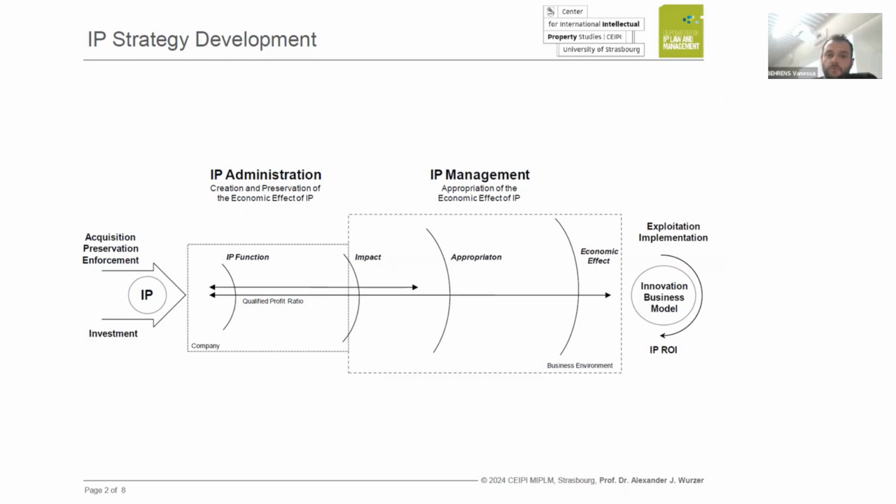And to have this appropriation, we need the IP impact that we will see in the next slide. And this IP impact is based, of course, on the IP function, all the rights we need to acquire to have this IP impact.